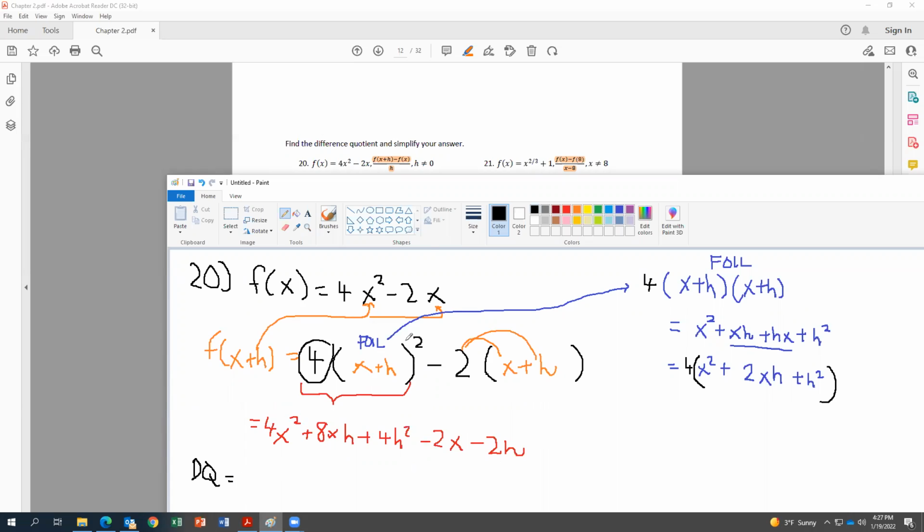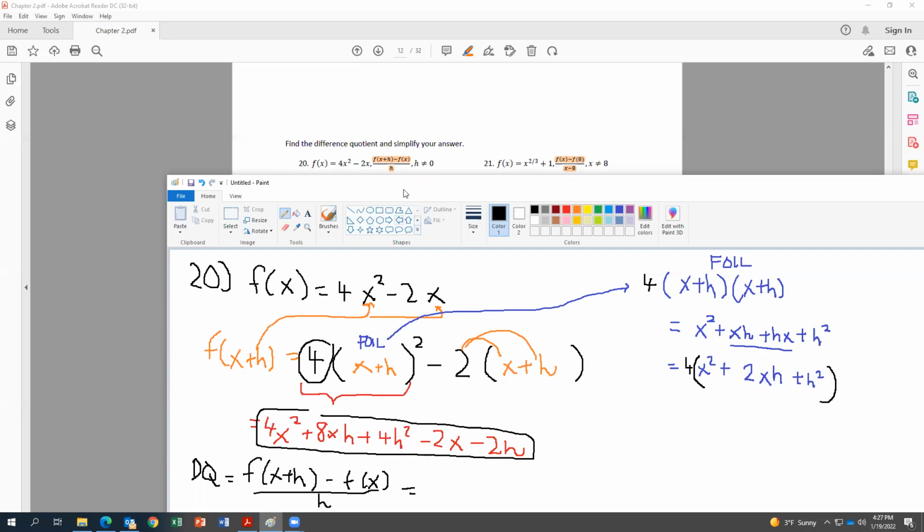So the formula says the difference quotient is f of x plus h minus f of x, all over h. Now this is f of x plus h, everything here. So it's a lot of work: 4x squared plus 8xh plus 4h squared minus 2x minus 2h.